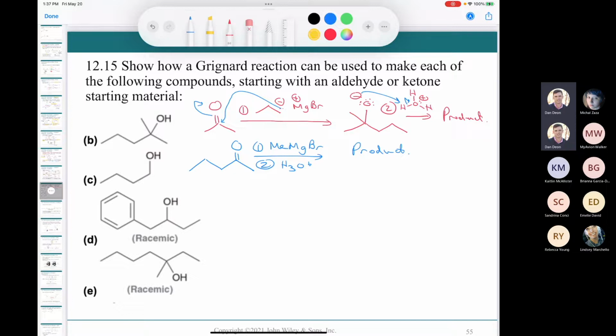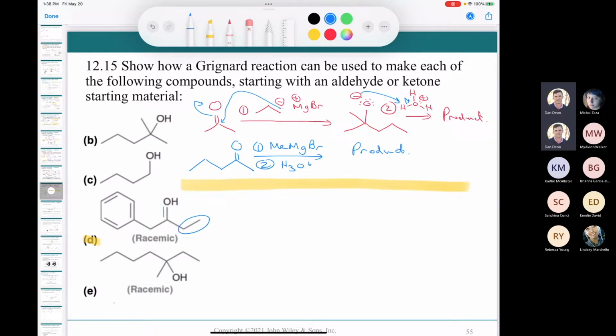Let's try one more, because you have the solutions to all of these in the solutions manual. Let's try D. In B, it didn't bring up anything to do with stereochemistry because it's not a chiral molecule. However, in D, it says we want to make this compound, but it's racemic. First let's imagine if we had ethyl magnesium bromide.